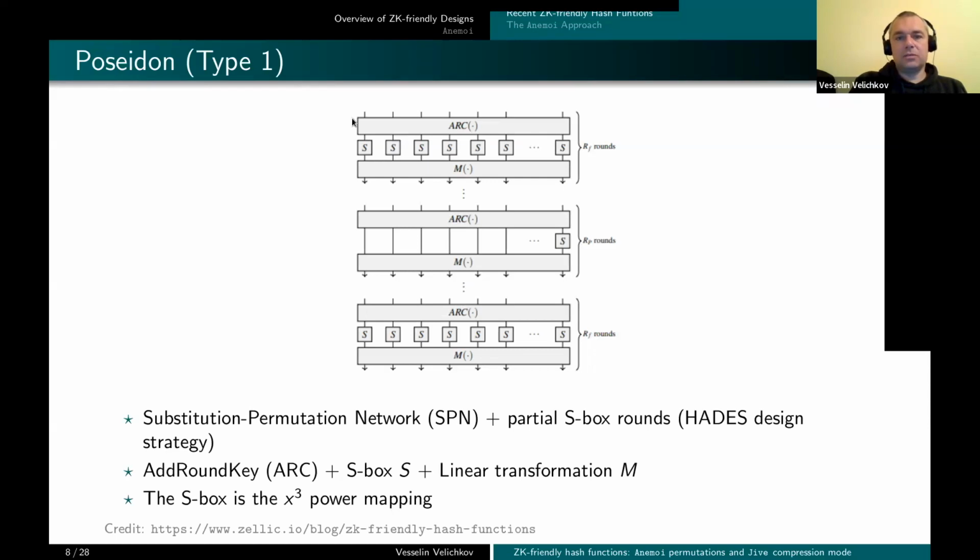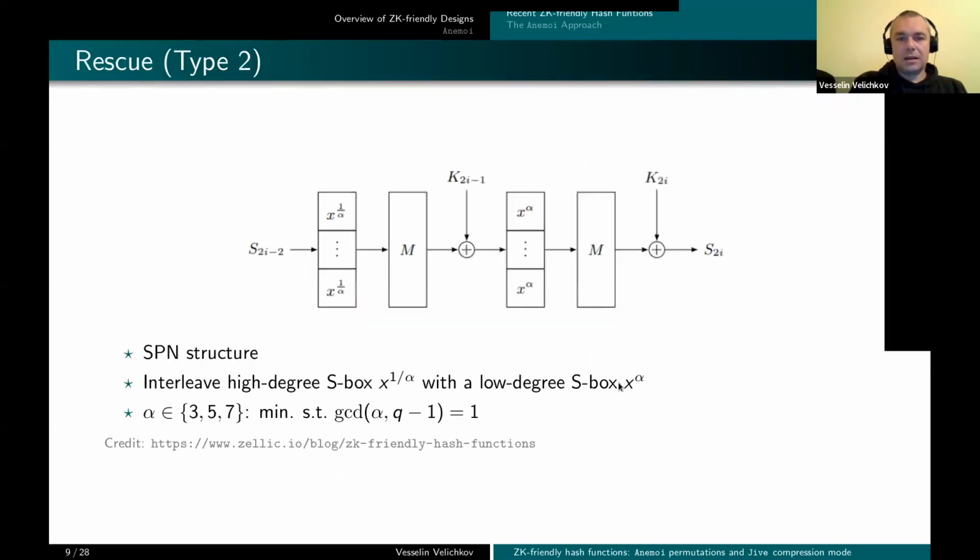For Poseidon, you have, I don't know, 16 or whatever inputs, you produce 16 outputs. Similarly for Rescue. So you don't achieve any compression. You don't do any hashing, right? It can be encryption at best if you have random keys, or it can be just some permutation at worst if the keys are public constants. So I was wondering if you would ask me, so where does the hashing come in? Do you have an idea?